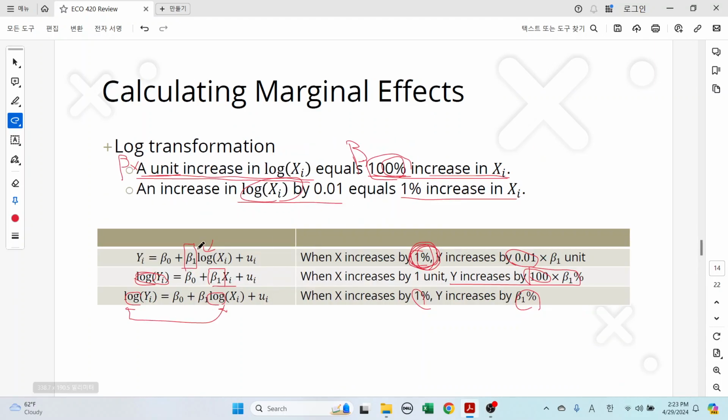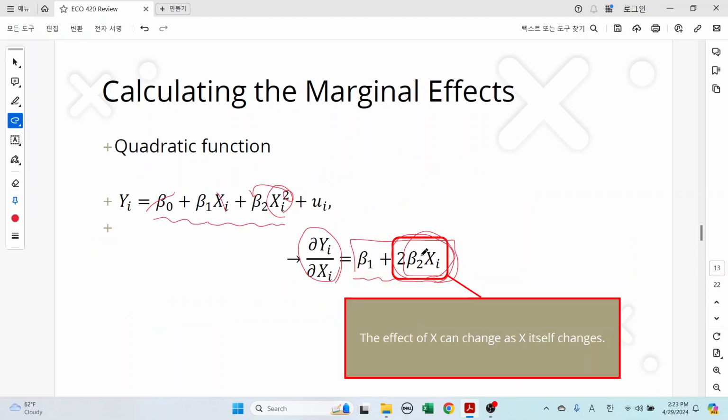Similarly here, if I tell you beta 1, then you can interpret it like this, right? Or I can ask you how much y would change when x increases by, say, 10%. Then with beta 1, you can calculate that. And similarly, if you know the beta 1 and beta 2 estimates, you can calculate the marginal effect.